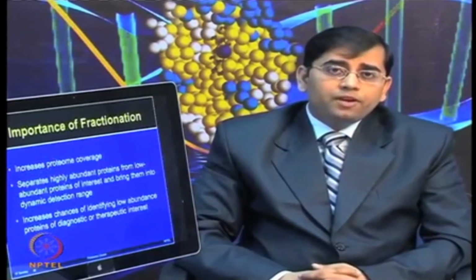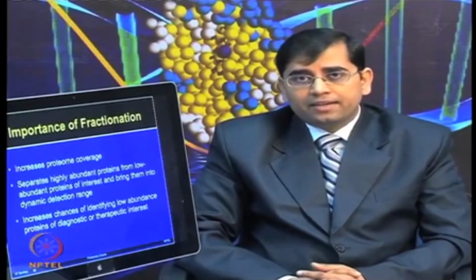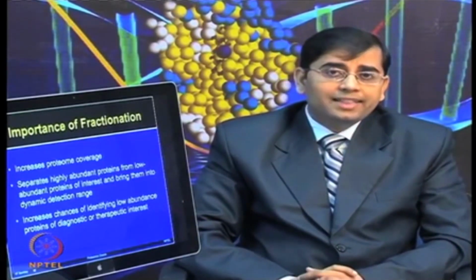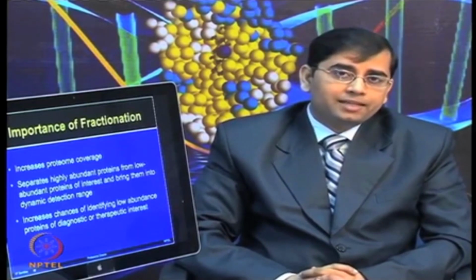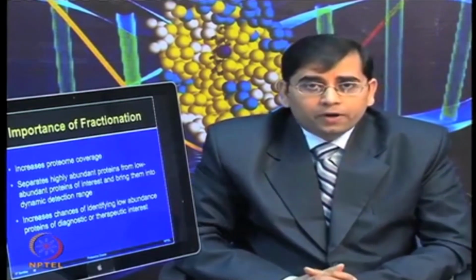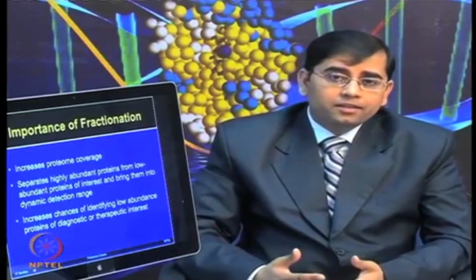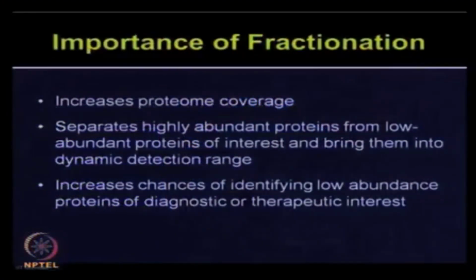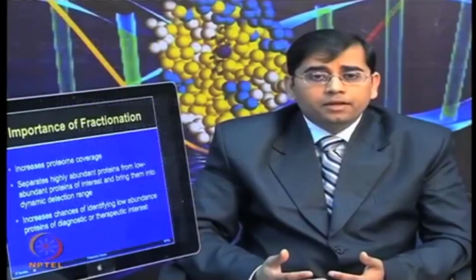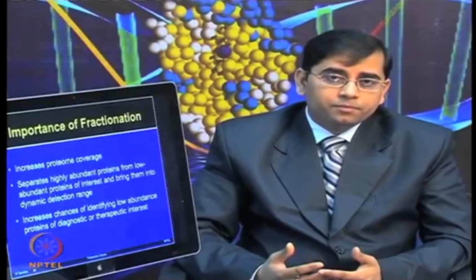So, we have talked about different types of fractionation strategies. Now, what is the significance of fractionation methods? The first and most important thing is that you would like to increase the proteome coverage. You would like to analyze as many proteins as possible from a given sample. An effective fractionation method separates highly abundant proteins from the low abundant proteins of interest and brings them into the dynamic detection range.